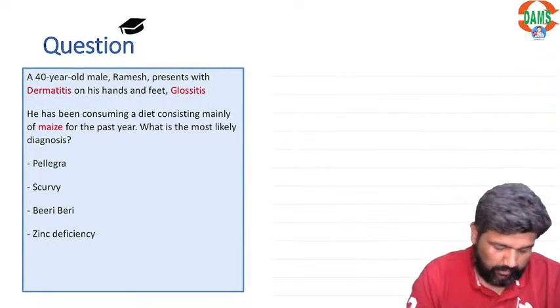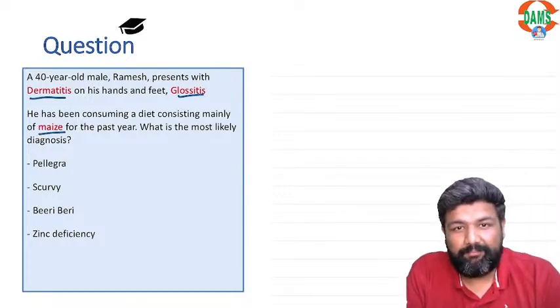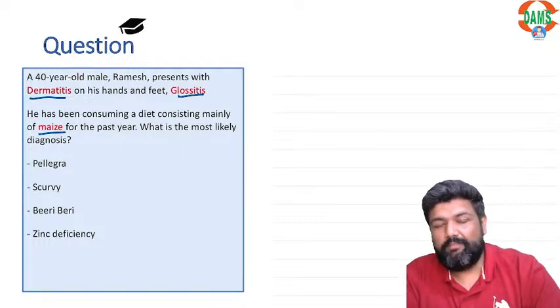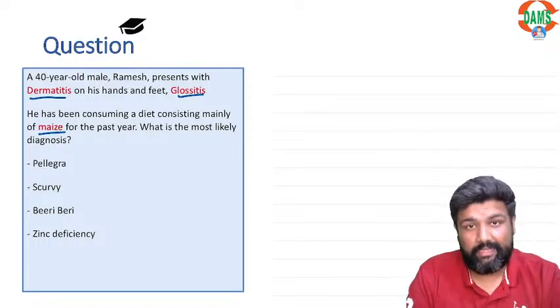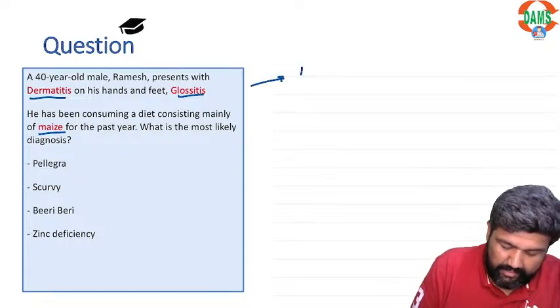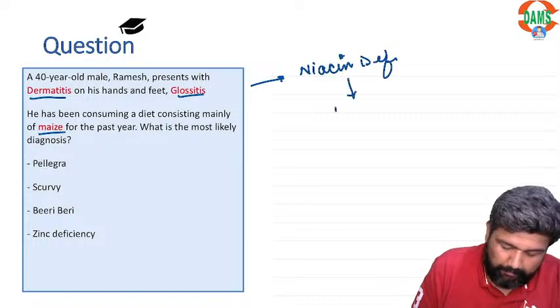Okay, so guys, keywords in nutrition chapter. In nutrition chapter, only keywords are going to help you. Dermatitis, glossitis, maize. Definitely, this is niacin deficiency, which causes pellagra.